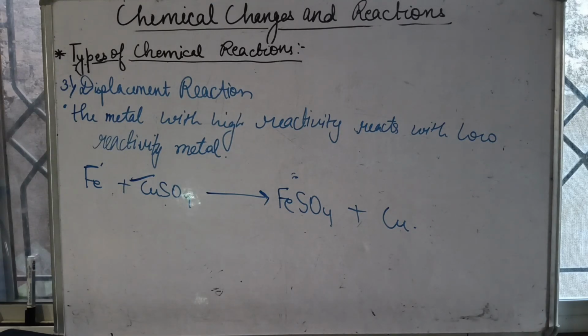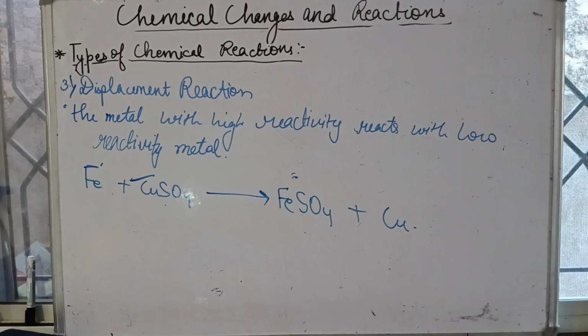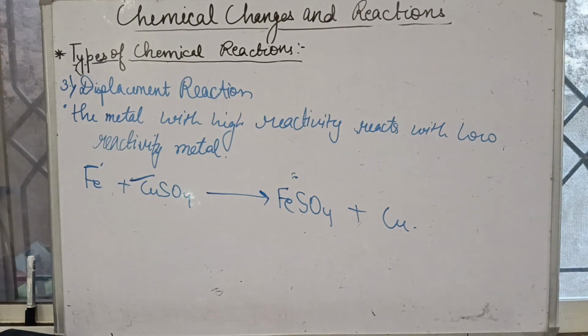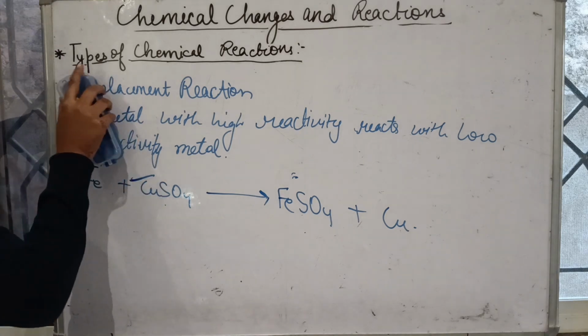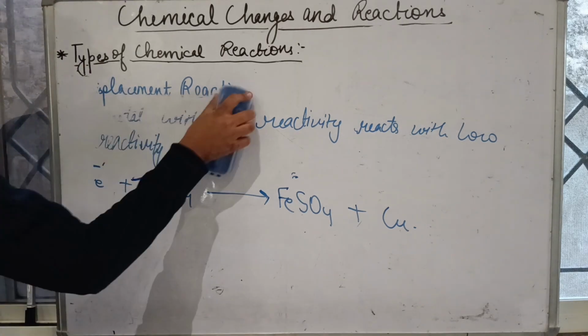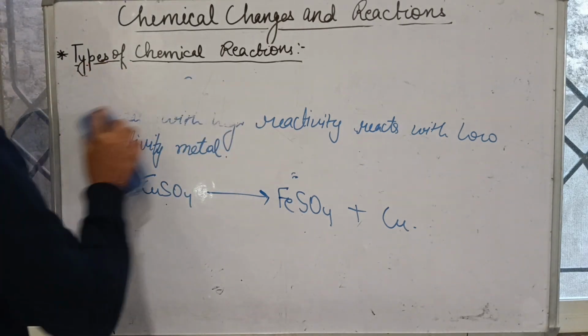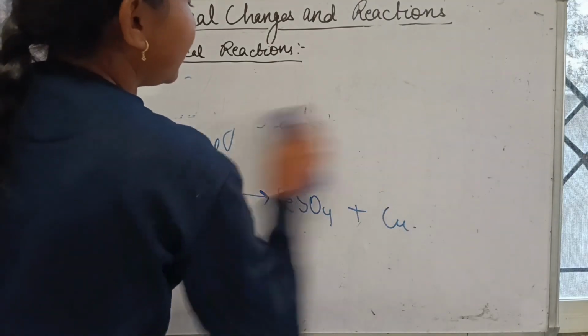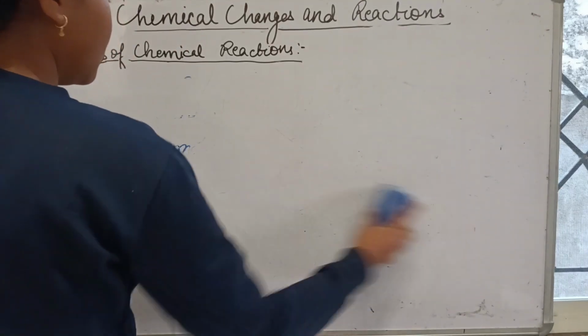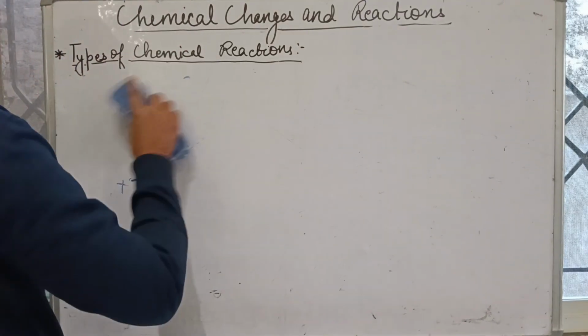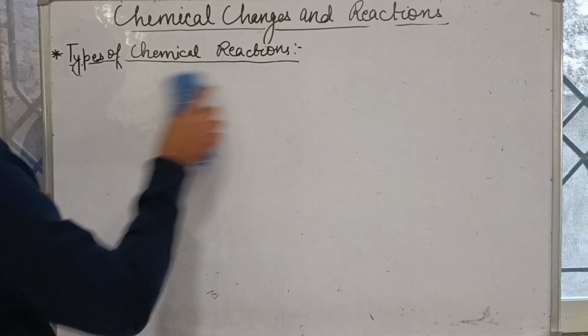Okay, now let us see the third type, which is a double decomposition reaction. Sorry, the fourth type. As I said, there are basically four types of chemical reactions.